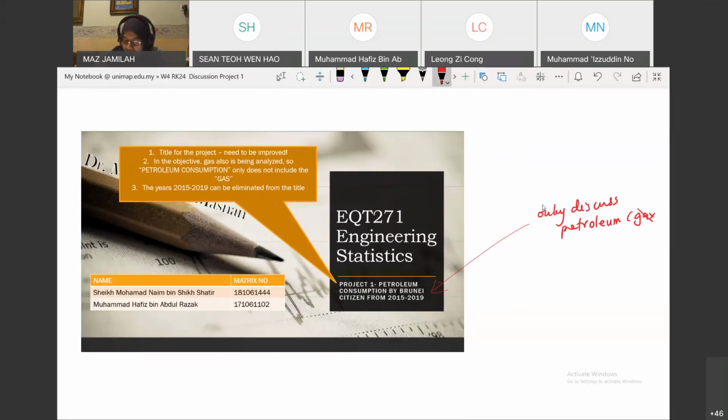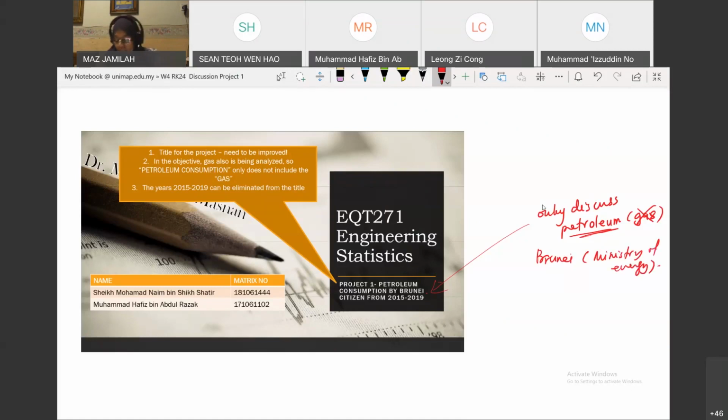Gas you left out. It means that you only talk about petroleum. Next, you are talking about Brunei, the Brunei Ministry of Energy.